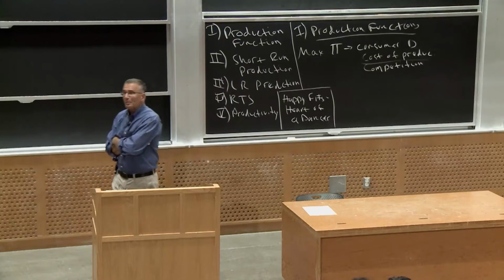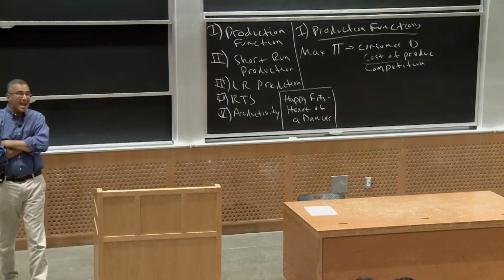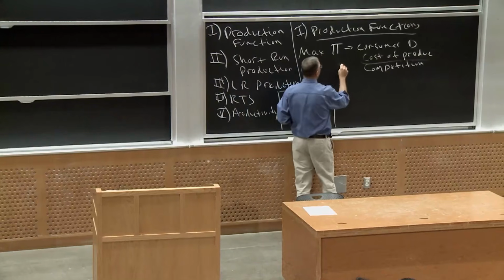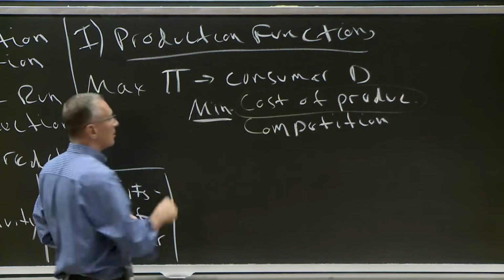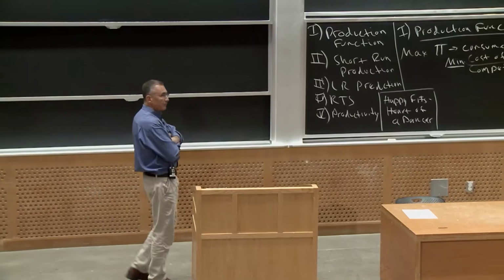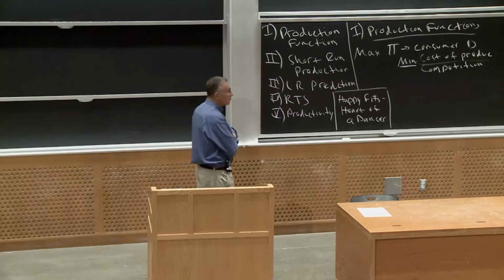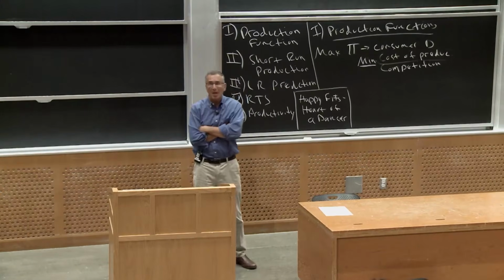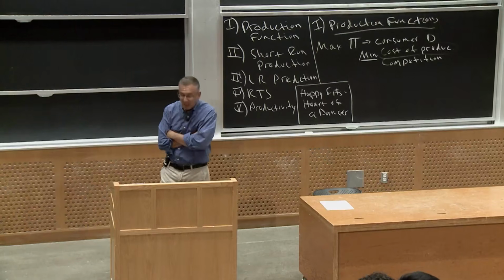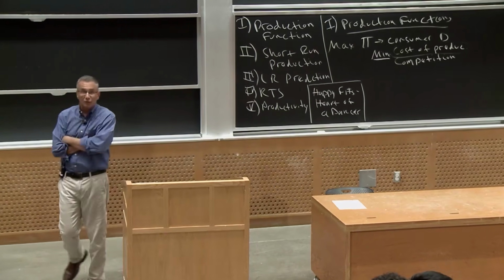So from the firm's perspective, maximizing profits is the same as minimizing costs. The way to maximize profits is to minimize costs. And that's how the firm produces as efficiently as possible, by minimizing costs. Once again, in the real world there are complications, but in the model, which will explain most of the real world, we just say the firm's goal is to minimize costs.